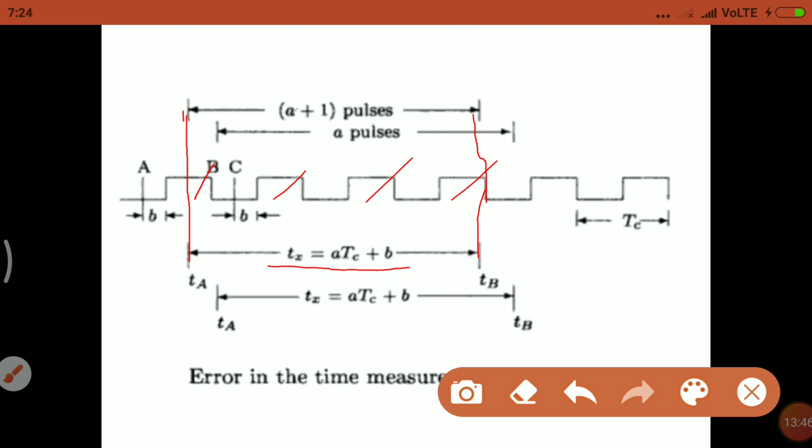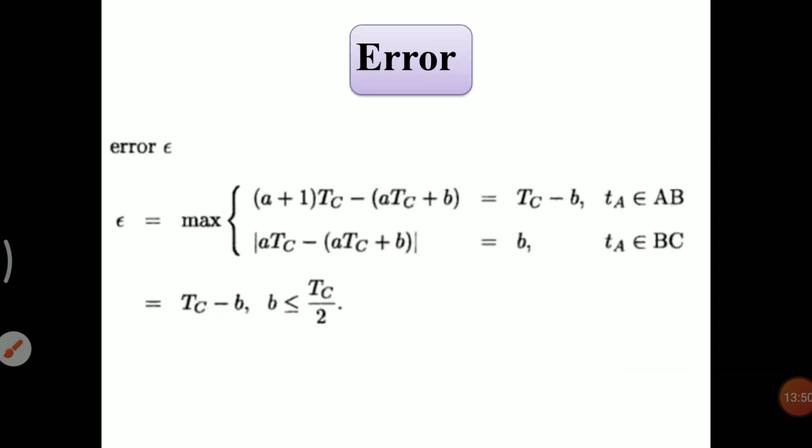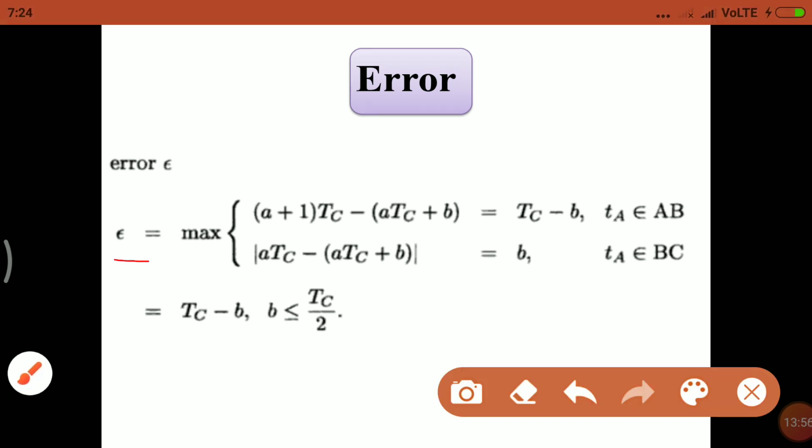So how to find out that error? For this case, let's say epsilon is called the error. So epsilon is the error. We know that the actual time interval is A into Tc plus B, and whatever the time interval counted by the counter is A plus 1, that is the number of pulses, into Tc.